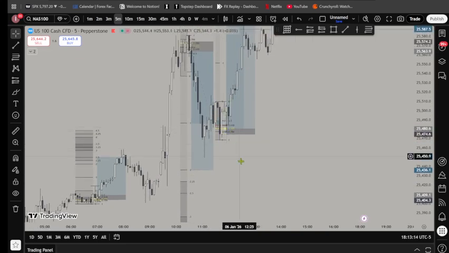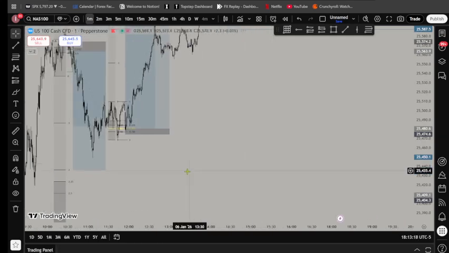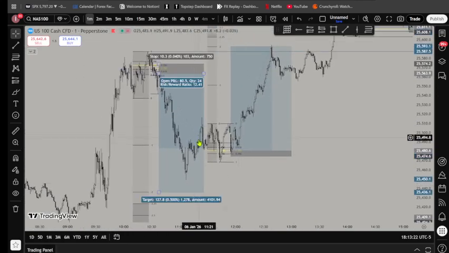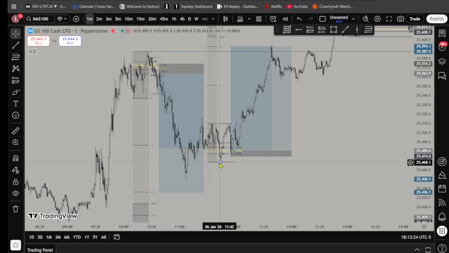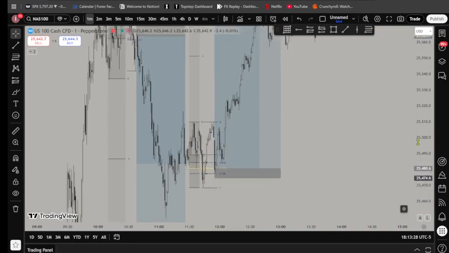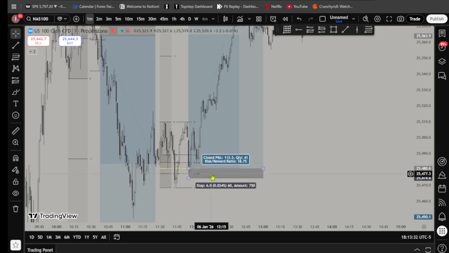Now I got to go back to the 1 minute to show y'all my entry. Holy, I got to get good at this so it's easier for y'all to watch. All right, we see this accumulation, this manipulation leg right here. We see this break up, right? First breakout. Now, this breakout, we see this inverse fair value gap, right?